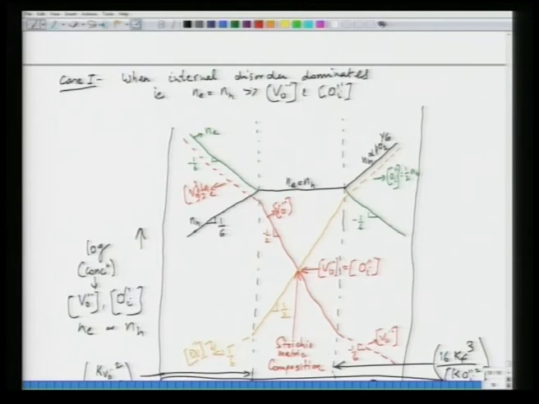Now, we will go to the next slide to see what happens when anti-Frenkel disorder dominates, that is in intermediate PO2.